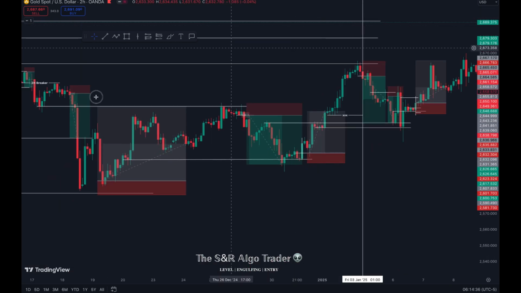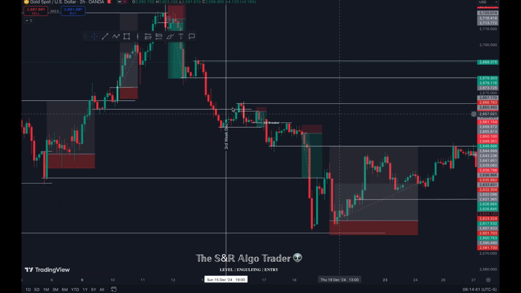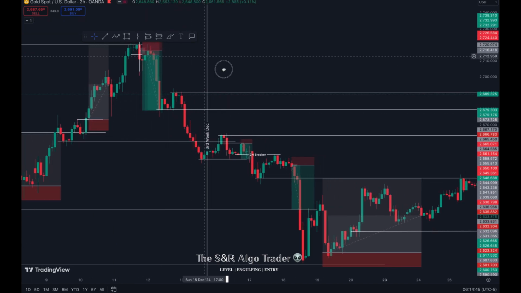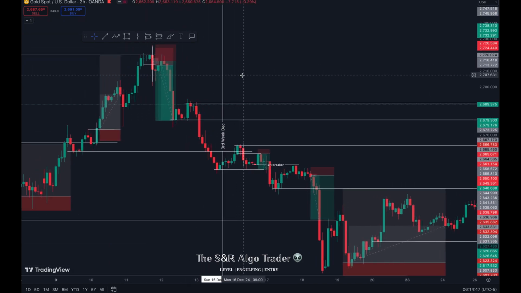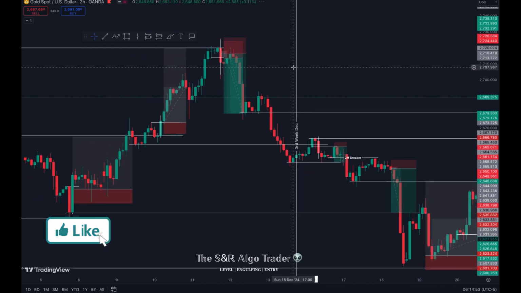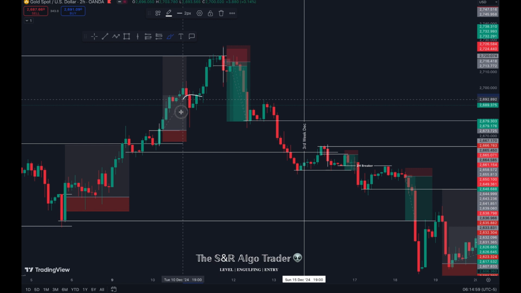Let's take some example here. Just like this area. Let me remove this here. This area here failed to push price up once it was coming down.